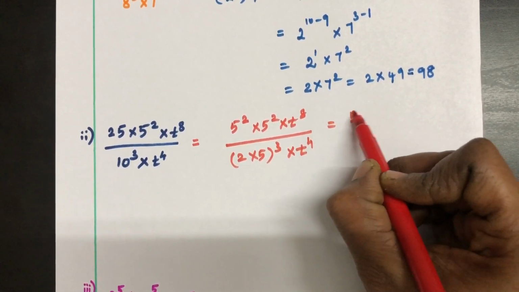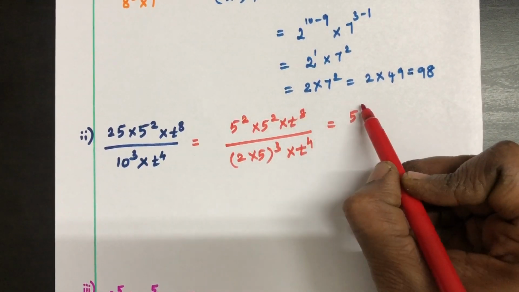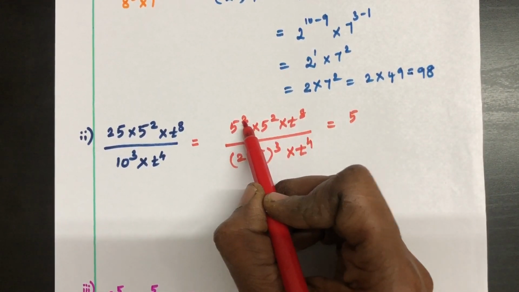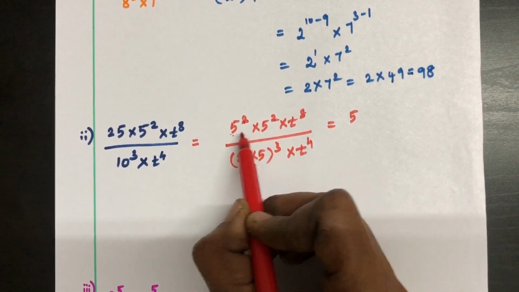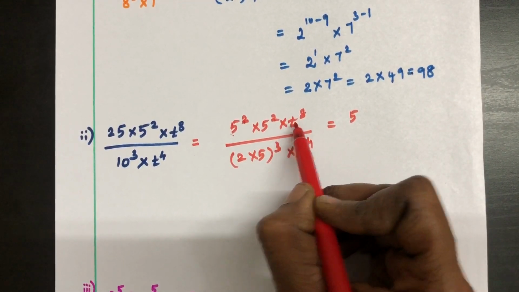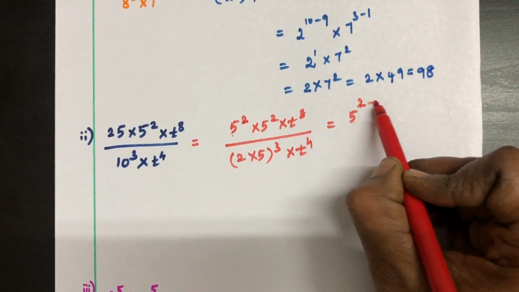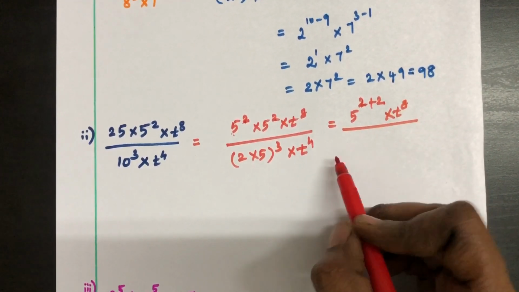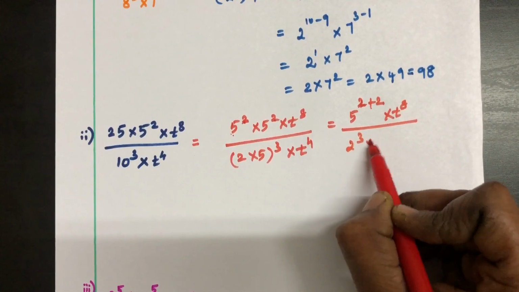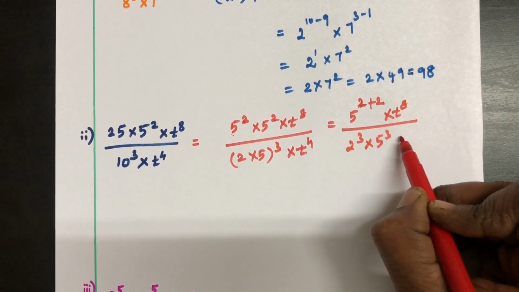This is in the product. If the bases are equal, we can add the powers. So 2 plus 2. I am adding the powers for this 5 alone, not for t. T is different. So 5 power 2 plus 2 into t power 8 divided by 2 cube into 5 cube into t power 4.